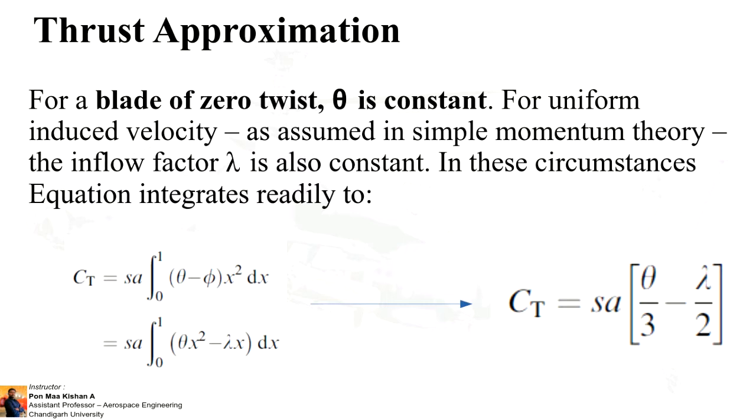First we will consider the concept with a blade of zero twist, that is, theta is constant, for uniform induced flow as assumed in simple momentum theory. Because in momentum theory also we calculated with uniform inflow as well as constant theta.